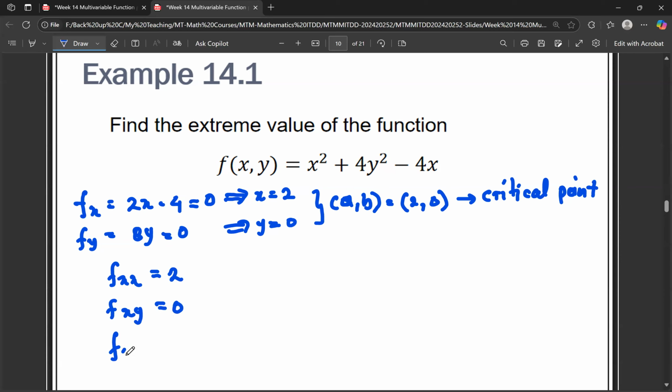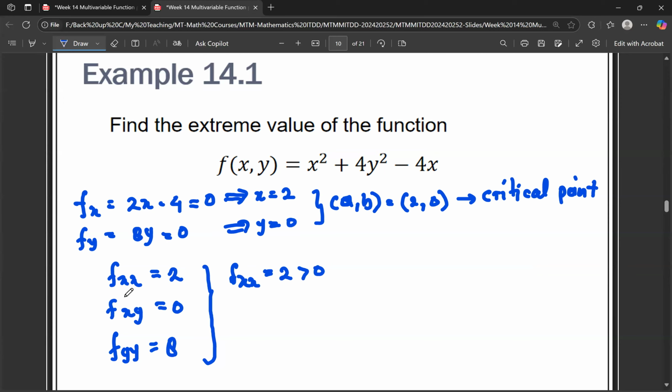And fyy is the derivative of 8y with respect to y, so we have 8. Of course, fxx is greater than 0.